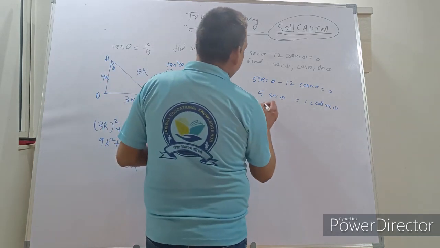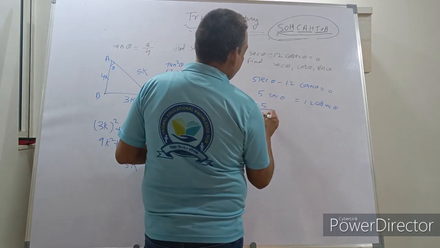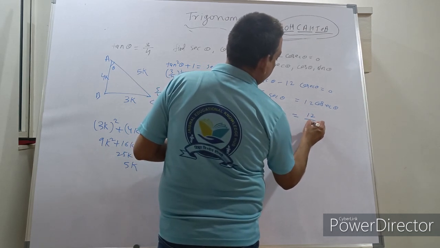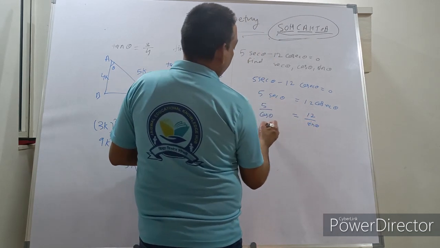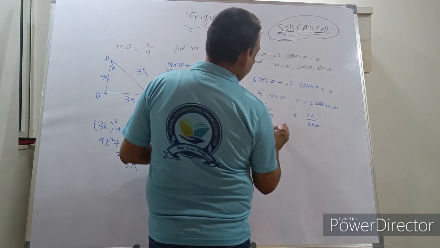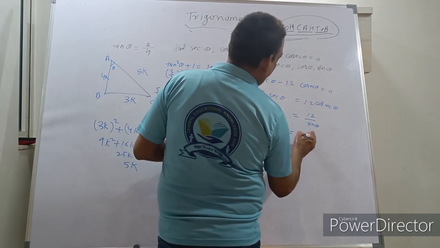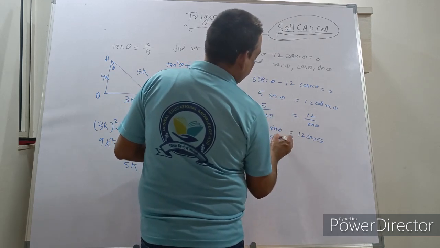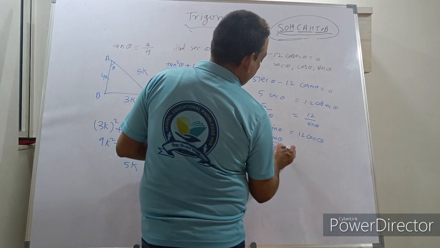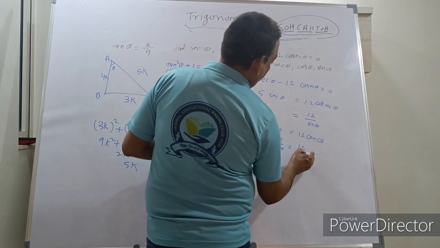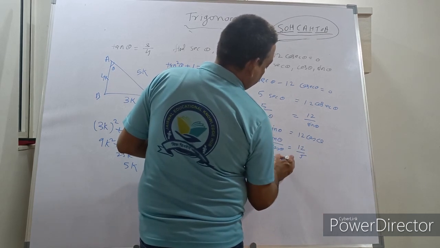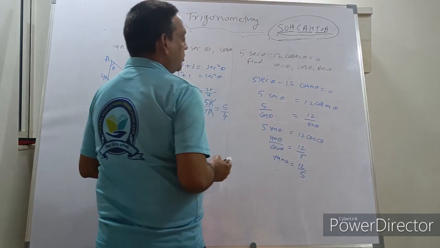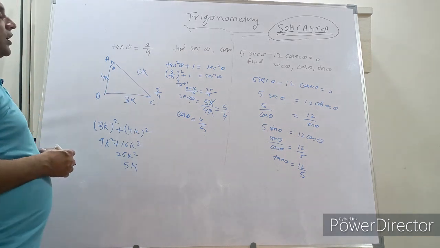So 5 upon cos theta is equal to 12 upon sin theta. So this becomes 5 sin theta is equal to 12 cos theta, and then sin theta upon cos theta is equal to 12 upon 5. So tan theta is equal to 12 upon 5.